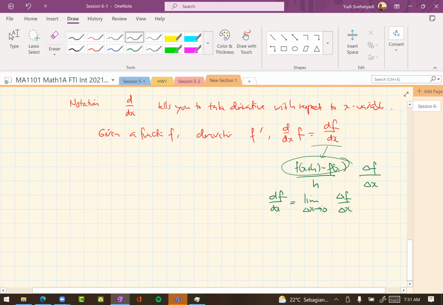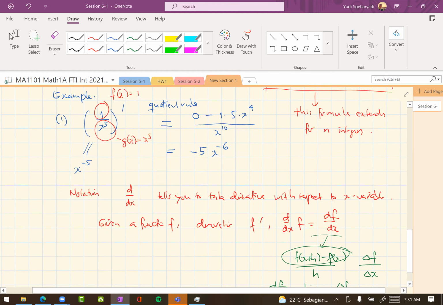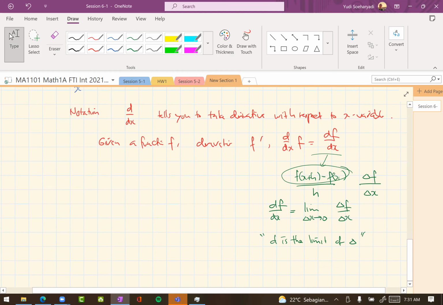So what it tells you is that this d is the limit of this delta. All right, so we'll use these notations.